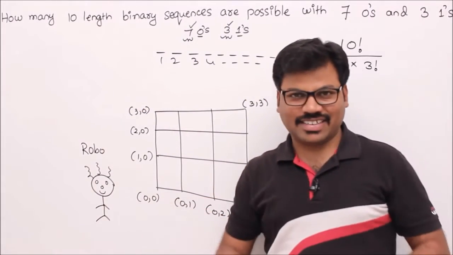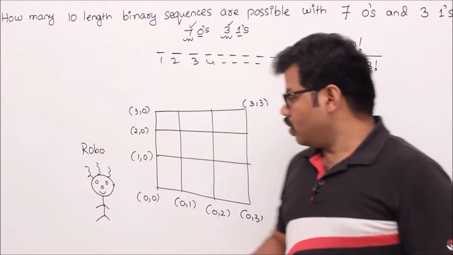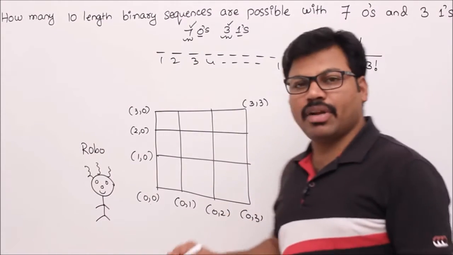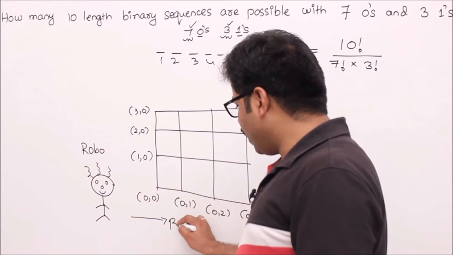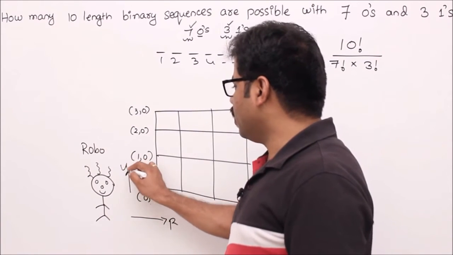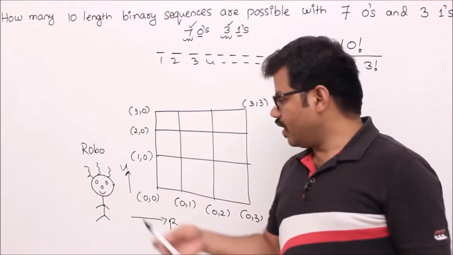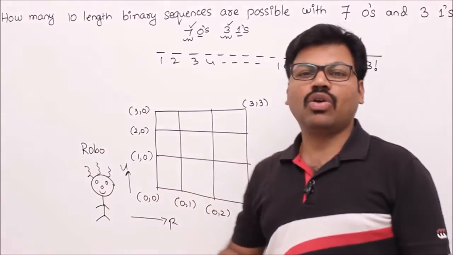This question needs an introduction. I'll introduce robo. So this robo wants to travel from 0,0 to 3,3, but robo's capability is that at any time either he will go 1 unit right, otherwise 1 unit up. So being at 0,0, he can go to 0,1, otherwise he can go to 1,0. He cannot come back, and he cannot go down.